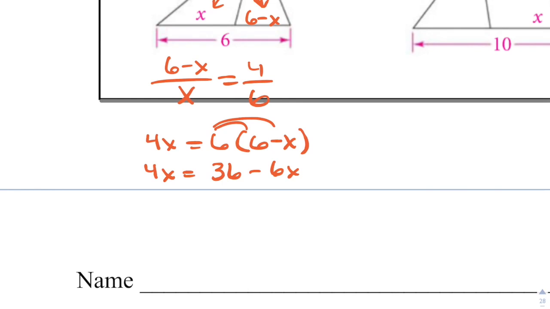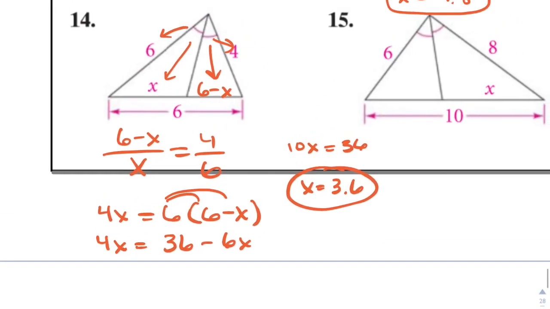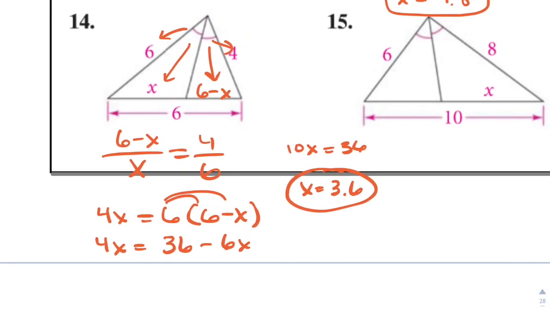So we're going to add 6x to both sides. I'm going to get 10x equals 36. So x equals 3.6 after I divide out the 10. Makes sense? 3.6, and then 6 minus 3.6 is 2.4. Together they add up to 6.